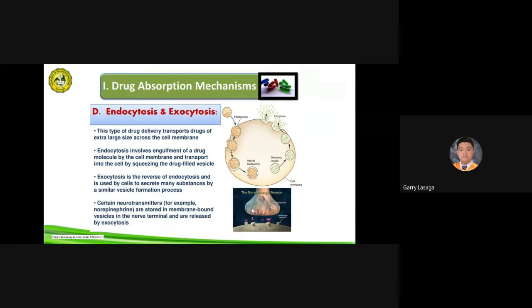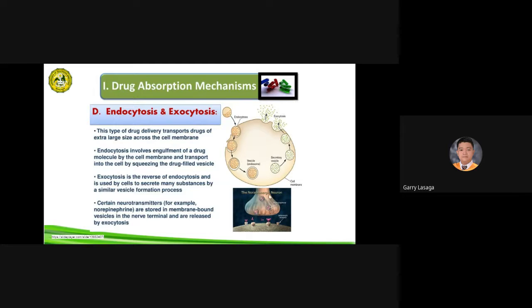So usually, norepinephrine are present in the nerve terminals of the noradrenergic neuron. So the other name of norepinephrine is noradrenergic. So within this neuron, there are vesicles that are present in the inside at the nerve terminal of the neuron.